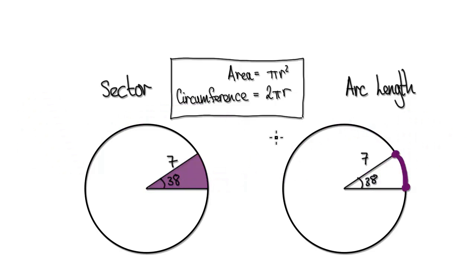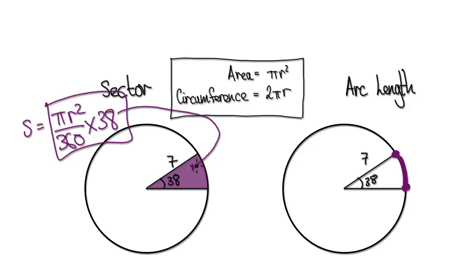So overall, the area of the sector is given by pi r squared divided by 360, and then times 38. Don't forget to put the 7 into the r.